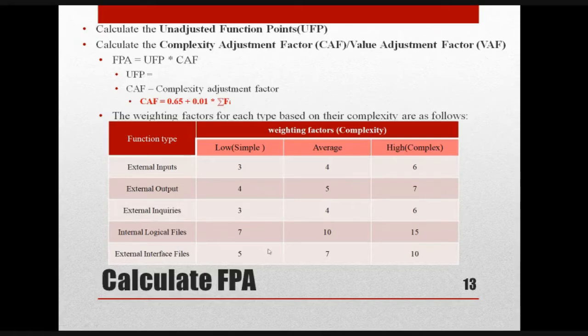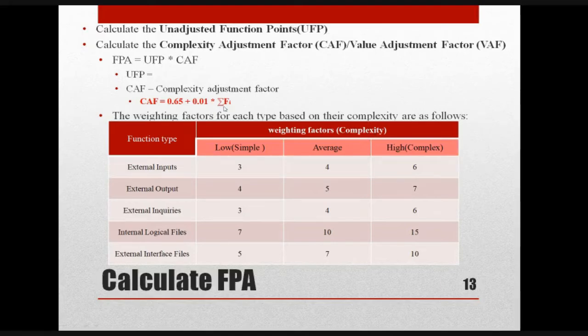For internal logical file it is 7, 10, and 15. External interface file it is 5, 7, and 10. So likewise, we have given the weighting factors or complexity values. Please just understand the meaning of it: the weighting factors for each function type, based on their complexity.